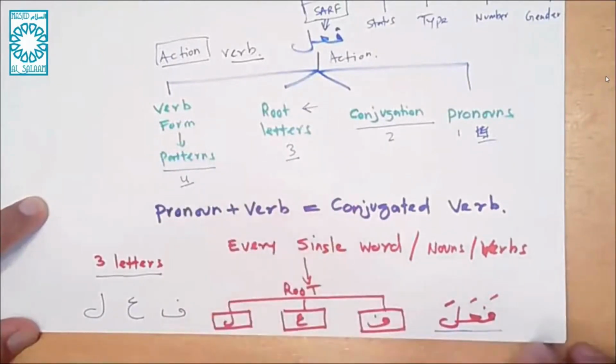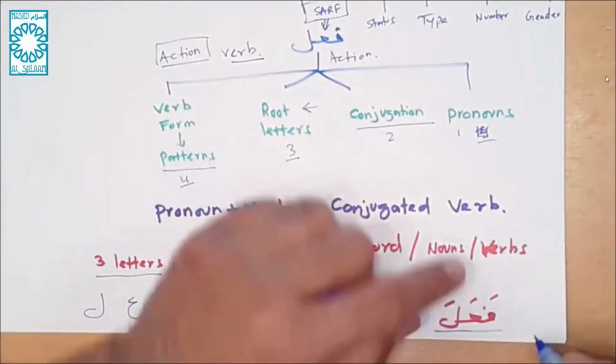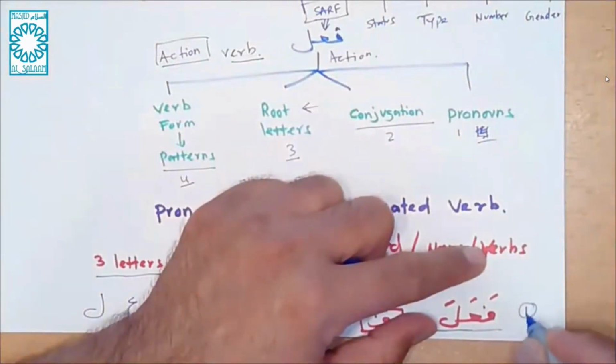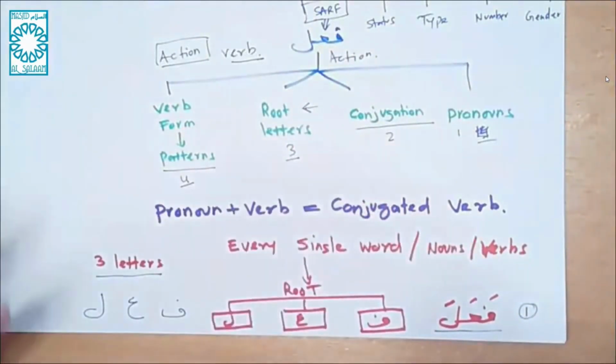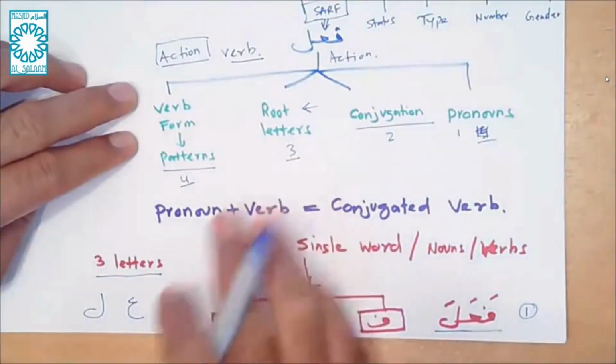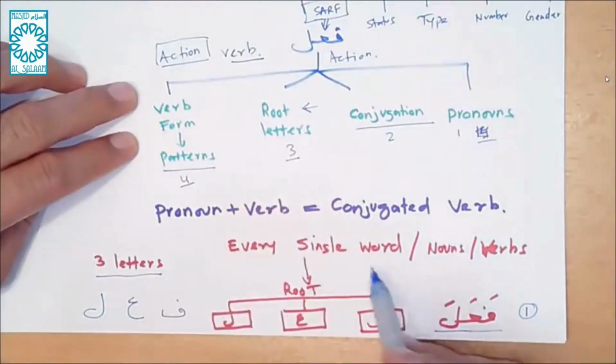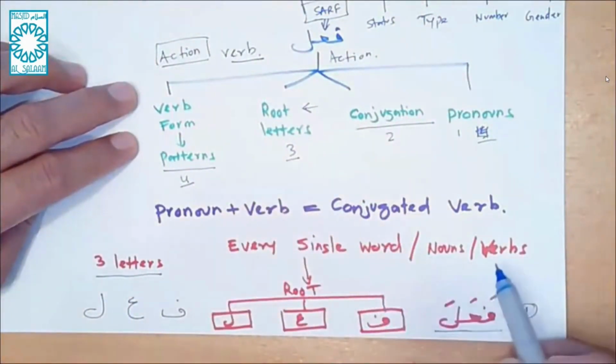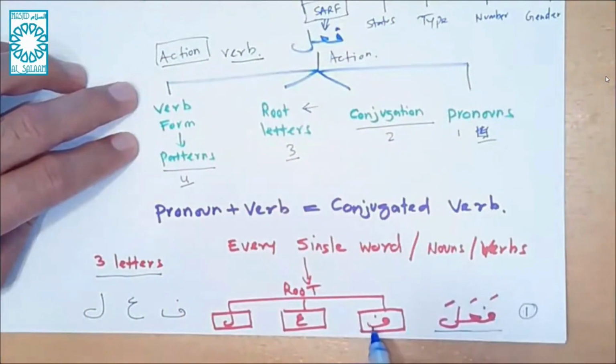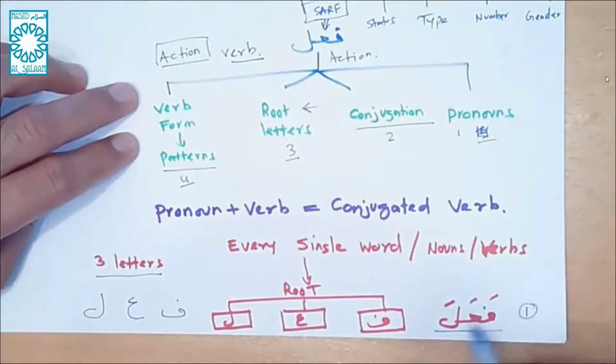And the pattern we are going to learn right now, the pattern number 1, which is fa'ala. So these two things are dealing with this, that every word in Arabic, whether it's a noun or a verb, is made up of 3 root letters. And the pattern we are learning right now is the fa'ala.